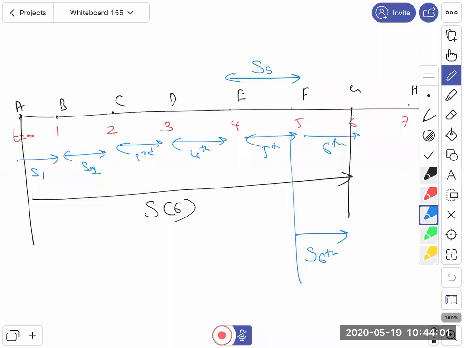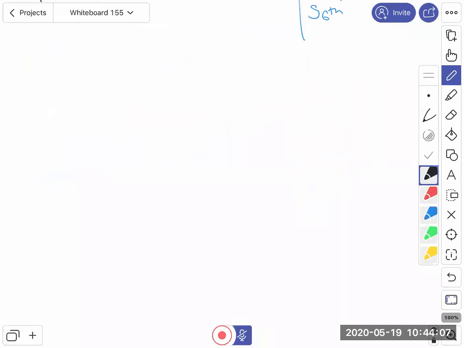Now we can just write it something like this. Displacement in the nth second means, like a particle is moving and we consider a situation, let's say time is equal to n minus 1 over here and time is equal to n over here.